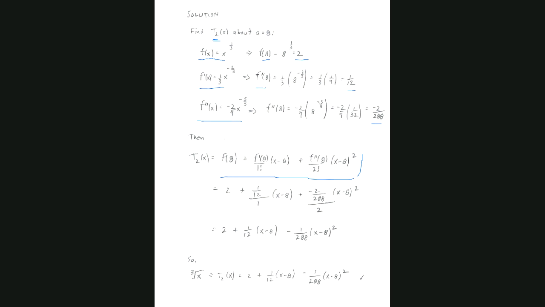And so you get your T2 of x. You get your second degree Taylor polynomial. Let me give you a moment to catch up here.